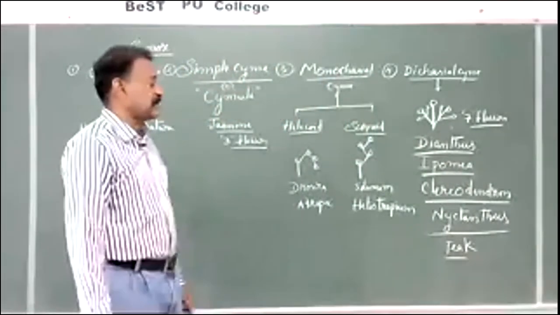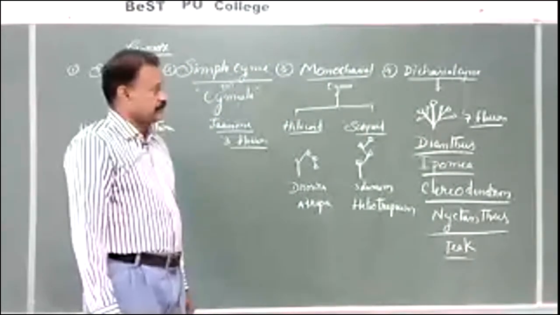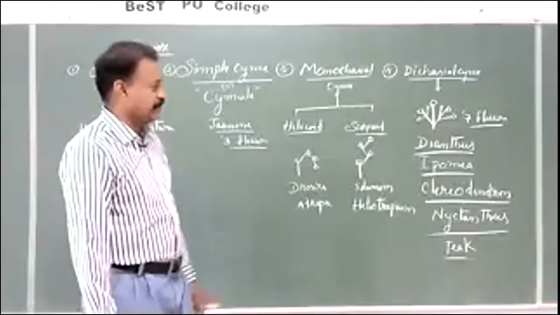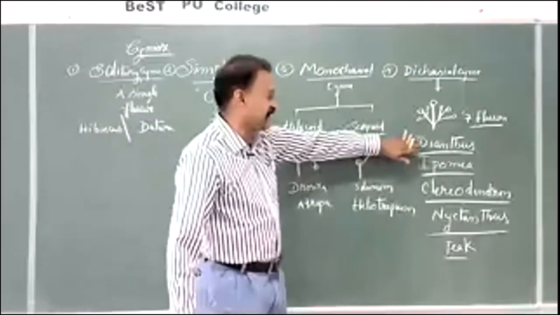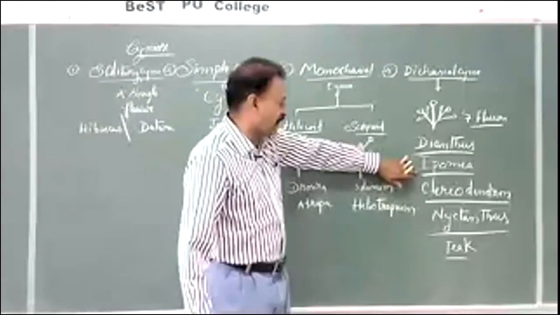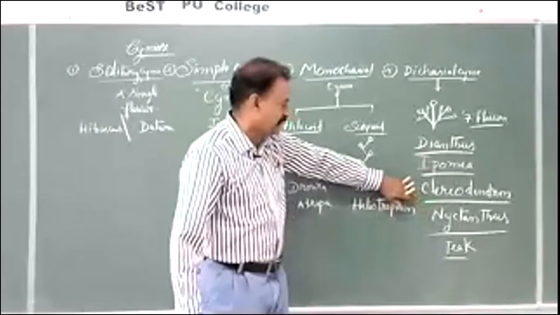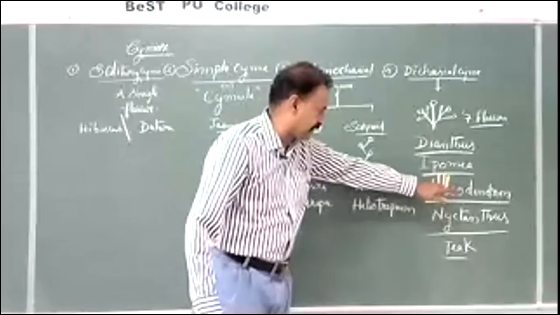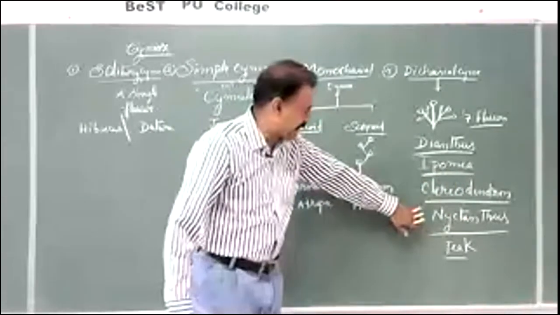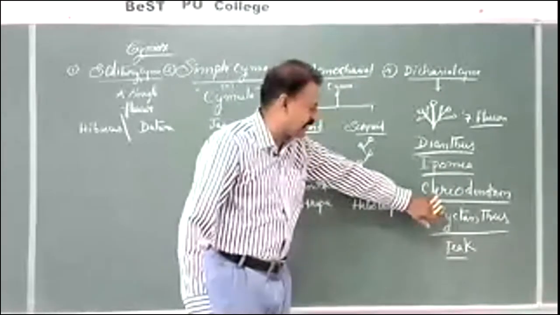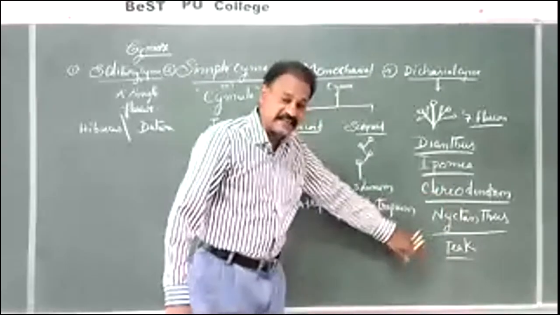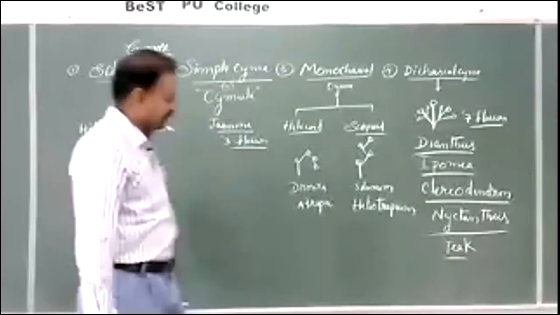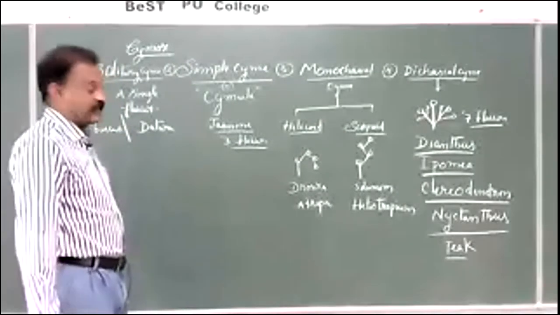Several examples are there. Dicacial sign: Dianthus, Ipomea, Clerodendron, Nyctanthus, teak, Tectona grandis.